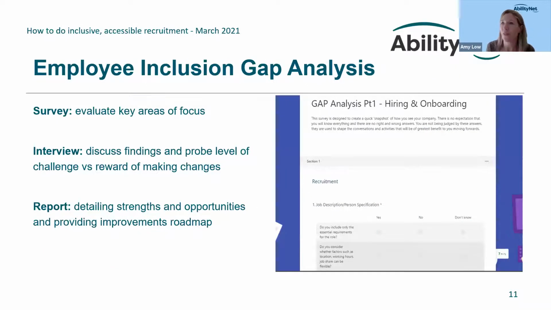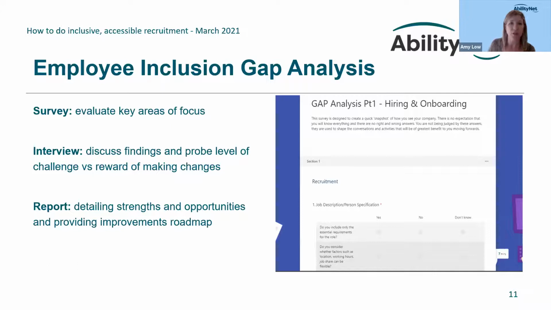So I just wanted to talk to you a little bit about designing inclusive practices. AbilityNet have created an employee inclusion gap analysis, which is designed to take people through a range of questions and have them provide their experience as employees or managers, focusing in on each stage from the job ad, the application process, pre-interview, interview and job offer.